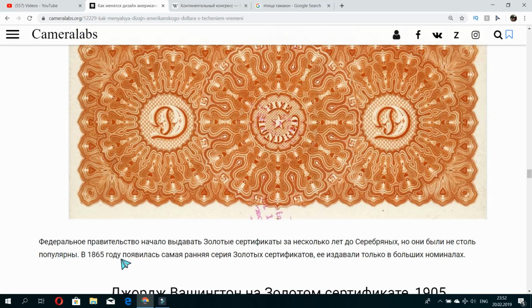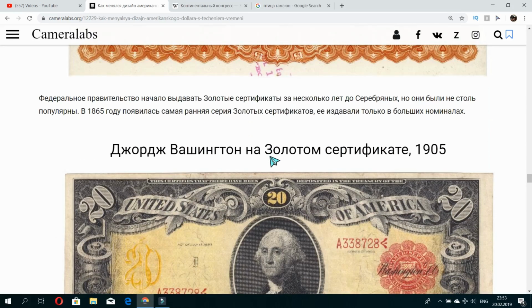In 1865 we had the earliest series of the gold certificate, and they were printed only in large nominals, so large, big numbers, right?